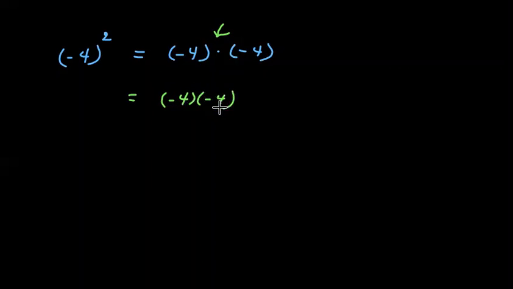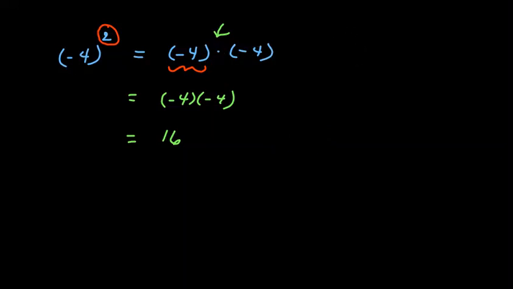As long as they're in brackets, this means multiplied by. So -4 times -4, and that is 16. But the concept here is that we look at the number that we're squaring, that is raised to the 2nd power, that has a power of 2. It means you're going to multiply that by itself that many times. So this is considered 2 times.